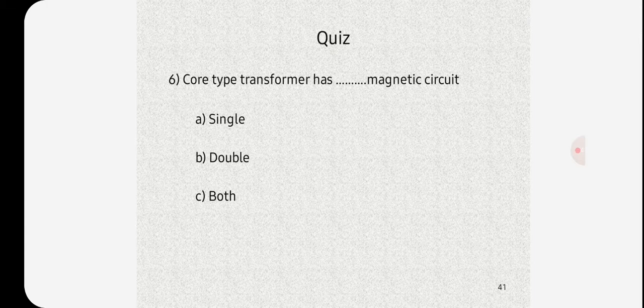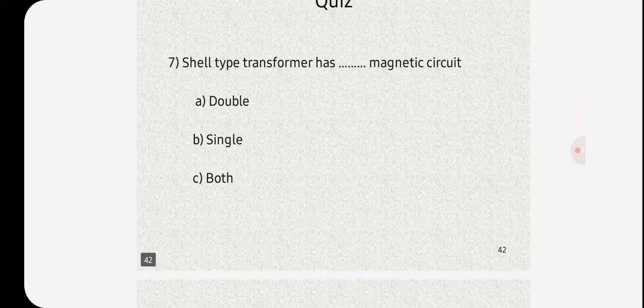In shell type transformer, it has the double magnetic circuit, because in shell type the windings are surrounded on the central limb. That's why it makes a double magnetic circuit.